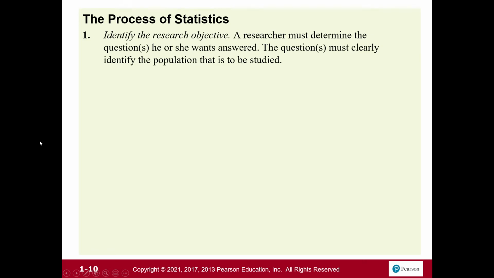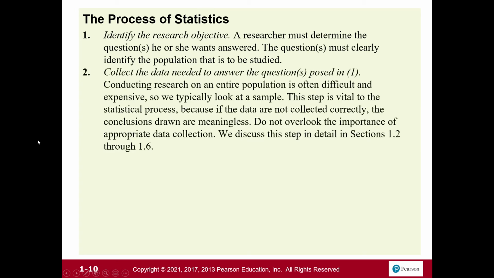All right, the process of statistics. Let's look at the process. The first step would be to identify the research objective. Second step, collect the data needed to answer the questions posed in the first step. Again, you do have to be meticulous when you are collecting data.